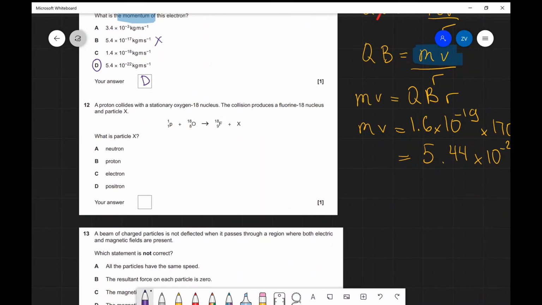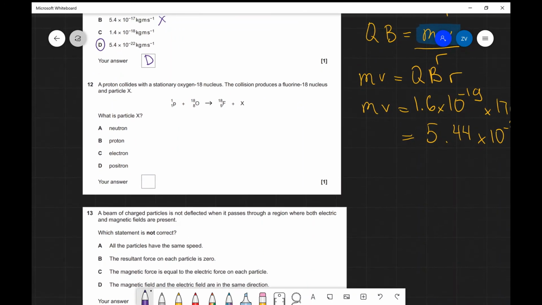Question 12. A particle collides with a stationary oxygen-18 nucleus. The collision produces fluorine-18 and a particle X. What is particle X? Okay, well, we need to conserve both the atomic number and the atomic mass at the top. In other words, we need to conserve the proton number and the total nucleon number.